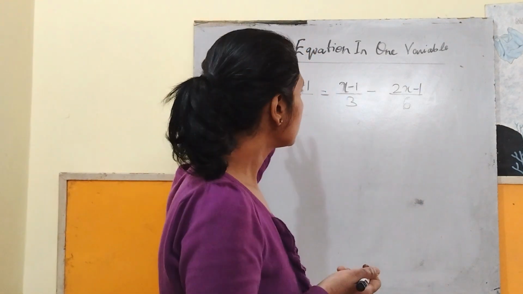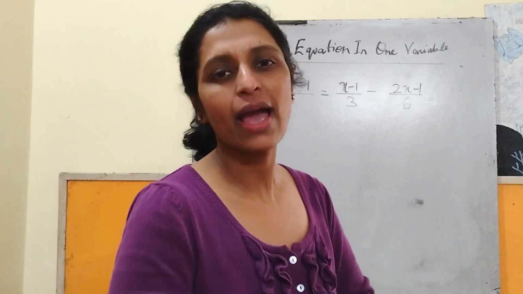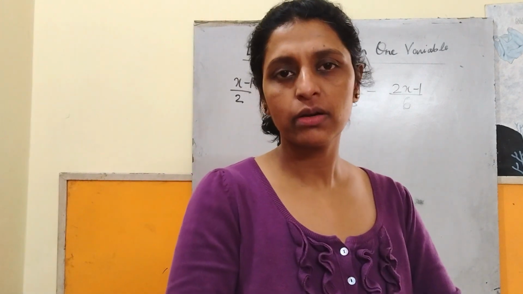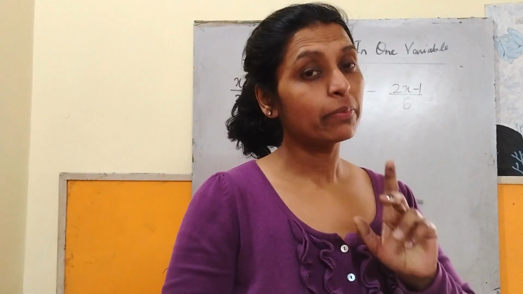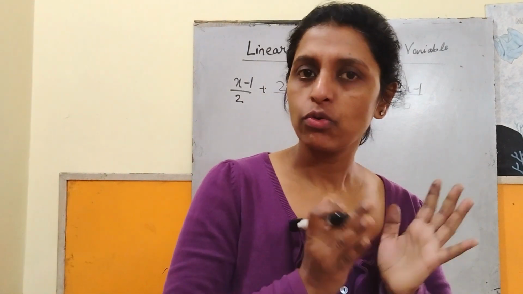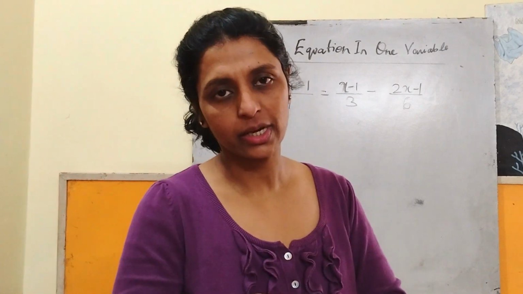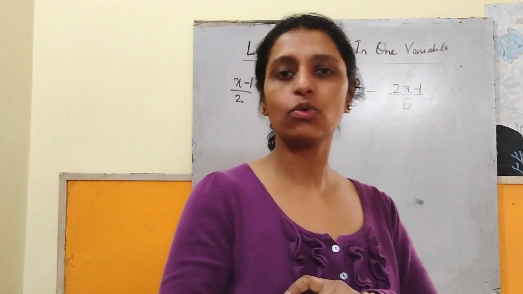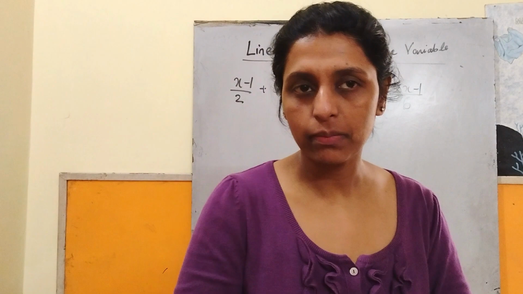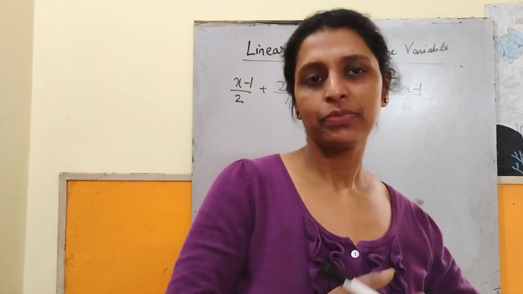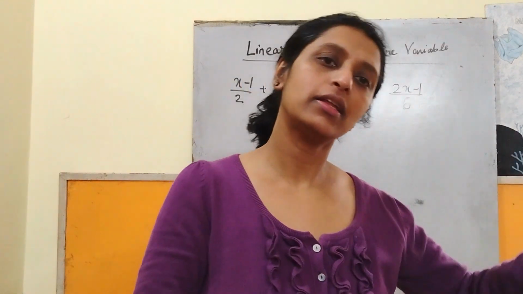And it is a linear equation in one variable, so we have to use only one variable. Variable means those quantities whose value keeps on changing, like x, y, z, p, q, r, s. All these are variables, because in some equation the variable is something, then in another equation the value changes.